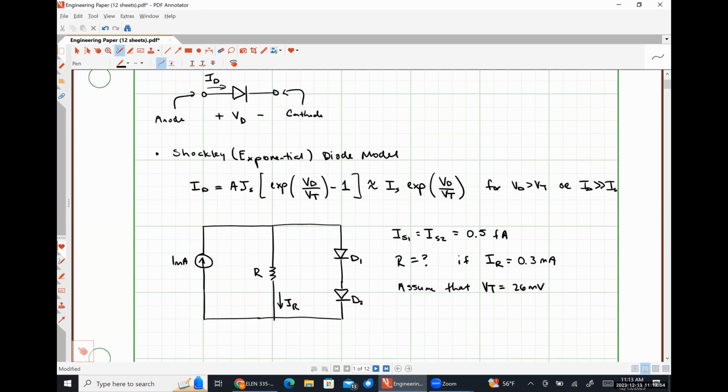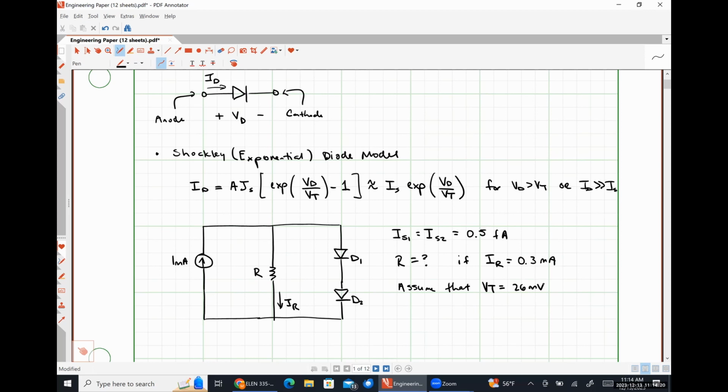Jacob: I was going to say it's solved for VD by substituting ID in the relationship IR. So you can substitute out ID. I'm not 100% sure that I follow. Let's use KCL first and see what shakes out from there.